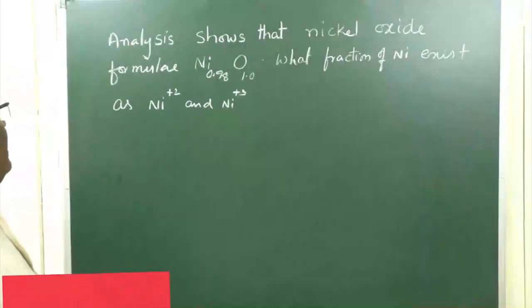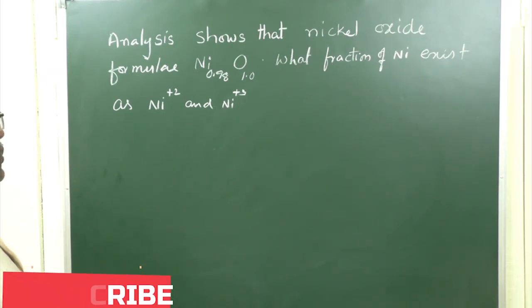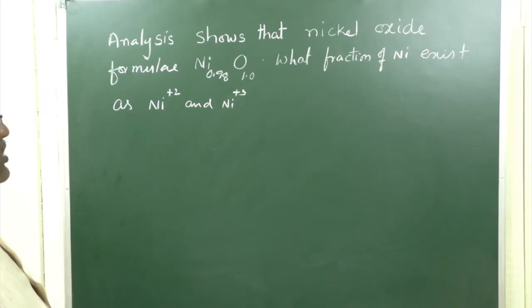Next problem: analysis shows that nickel oxide has the formula Ni 0.98, O 1.0. What fraction of Ni exists as Ni plus 2 and Ni plus 3?